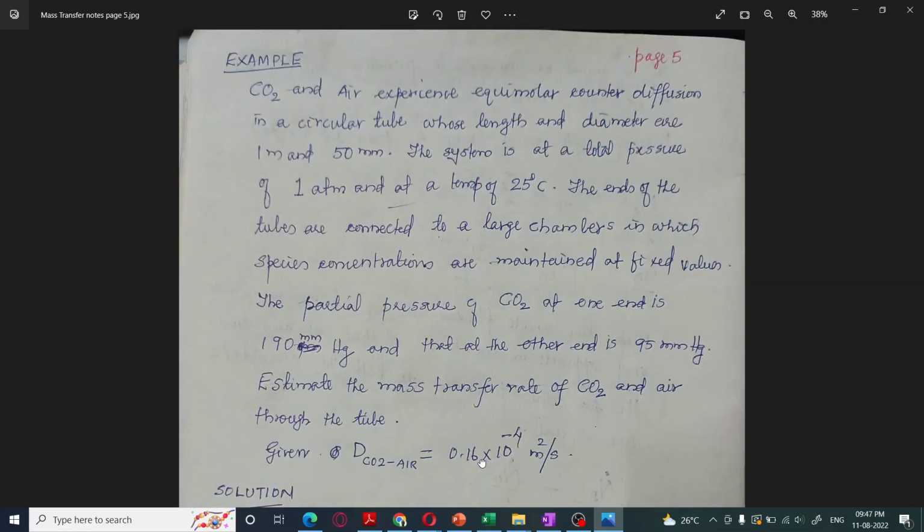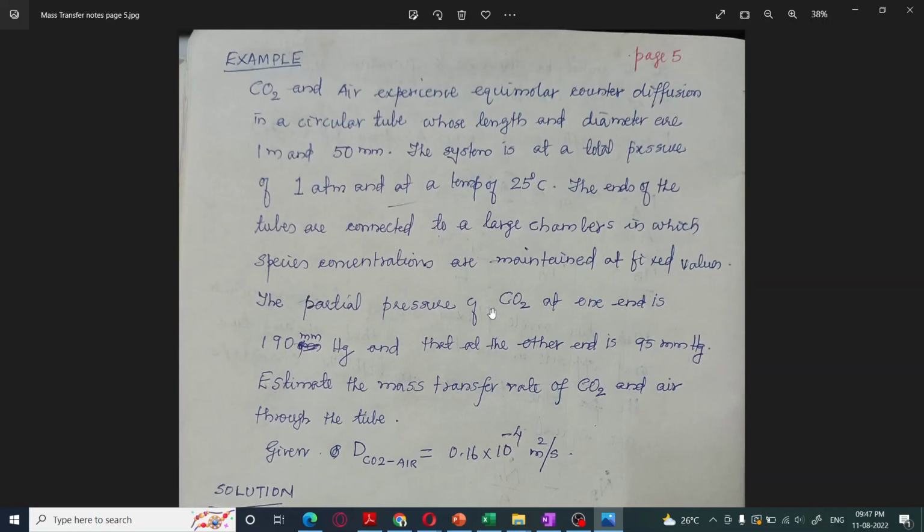So let's just see an example. Carbon dioxide and air experience equimolar counter diffusion in a circular tube whose length and diameter are 1 meter and 50 millimeter. The system is at a total pressure of 1 atmosphere and a temperature of 25 degrees Celsius.